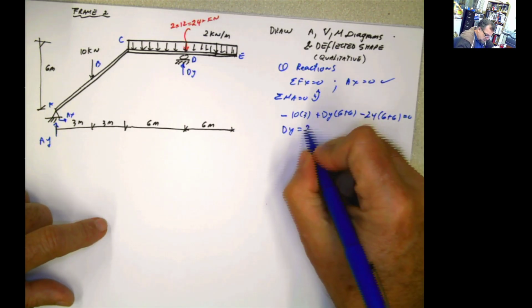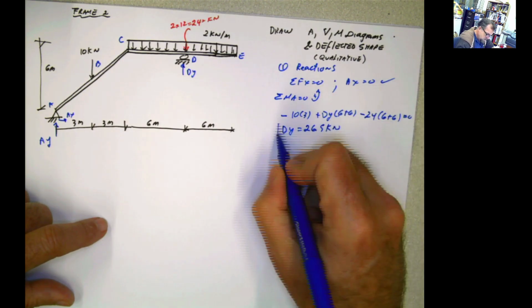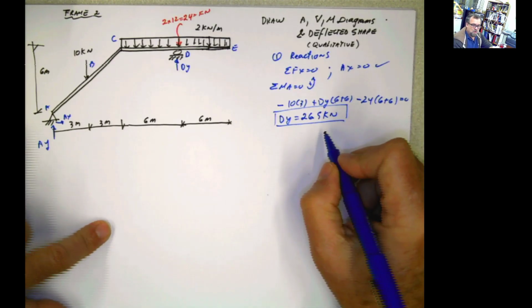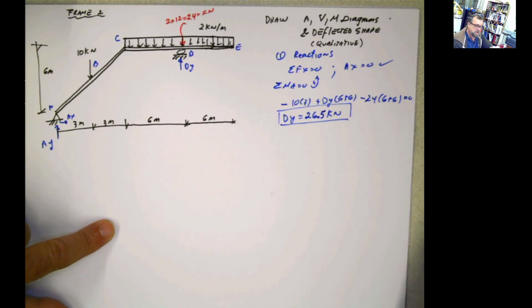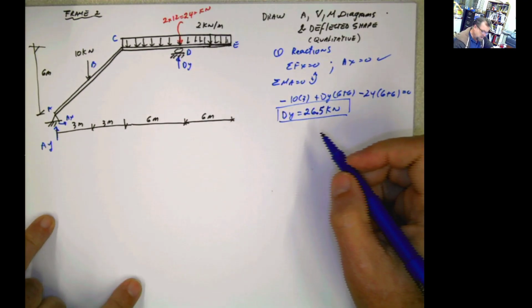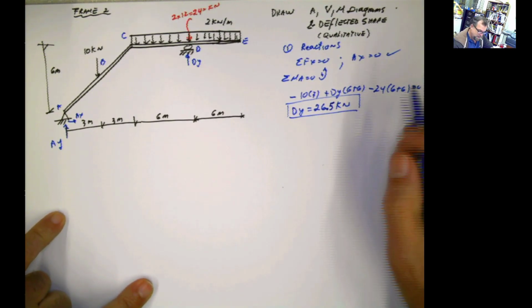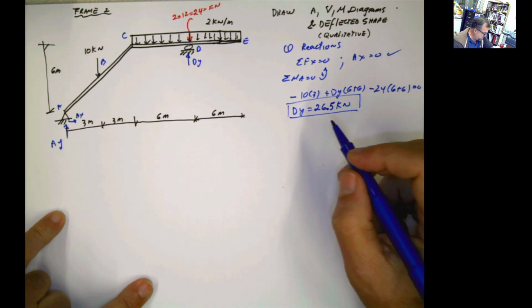So 26.5 kilonewton. You see, people complain that I work with units in the USCS system, American system, but these are SI units, so don't complain. Now I'm going to have people complaining because I'm using SI units and not imperial units or American units, USCS system.